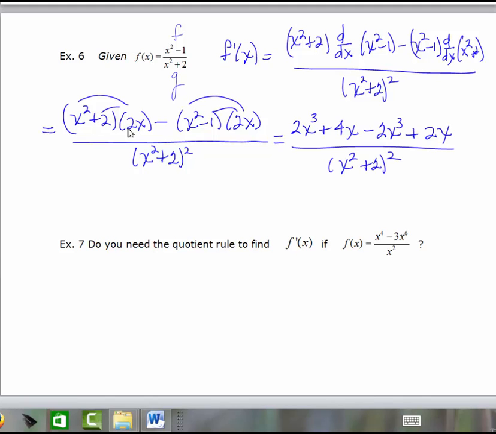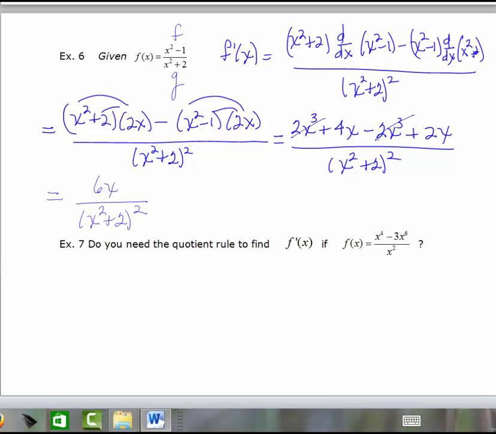Distributing the numerator, I can cancel out the 2x cubes. When I combine like terms, I get 6x all over x squared plus 2 squared. So you can see that the quotient rule is definitely a little more complicated because of the algebra involved.